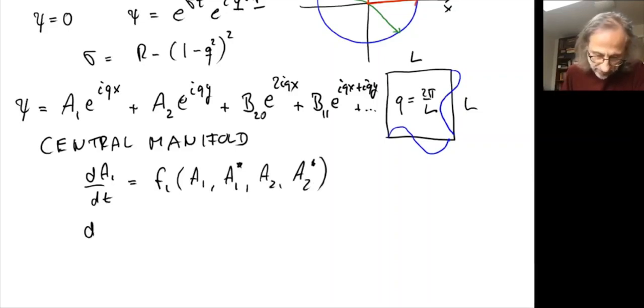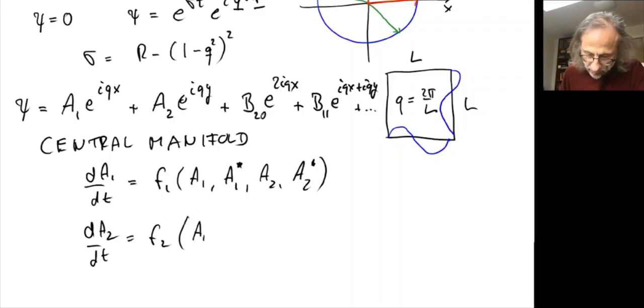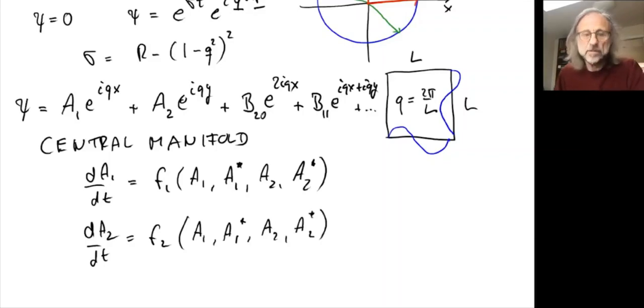And there's another equation for A2, which we call F2, which also depends on A1, A1 star, A2, and A2 star. They also depend on our control parameter mu. I'm not going to write that down right now.